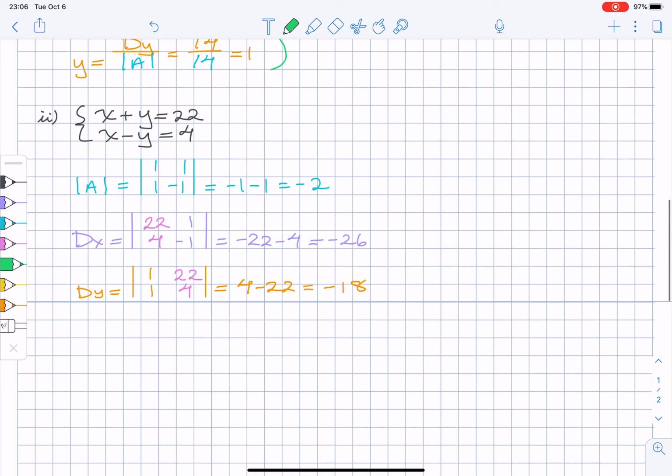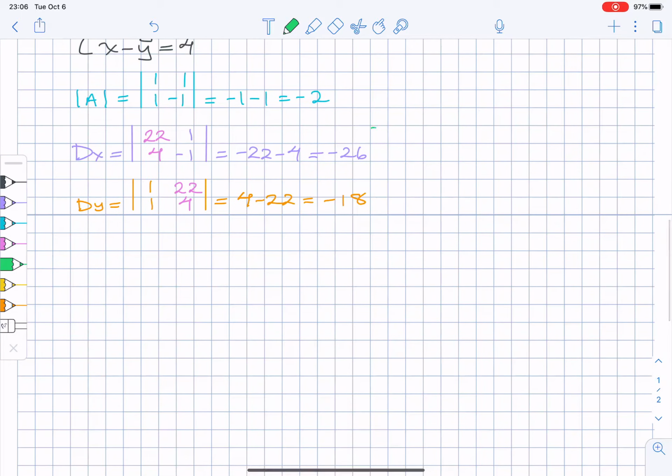Okay, so these two together imply that x is negative 26 divided by negative 2, which is 13, and y is negative 18 divided by negative 2, which is 9. So the point in the plane where these two lines meet is (13, 9).